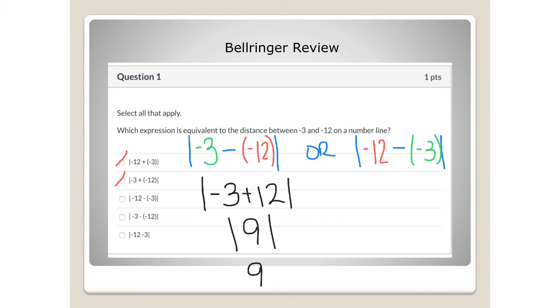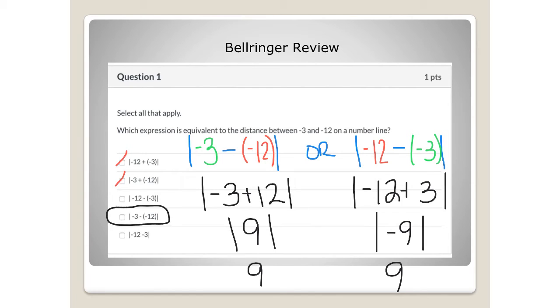If I come over to the other side and I do leave change, or add the opposite, -12 plus +3, I find out that the absolute value of -9 is my answer, and that is also 9. You're looking for the two correct answers. What we have up there in the multicolored, we can find the first one here, -3 minus -12, and here's the second one, -12 minus -3.